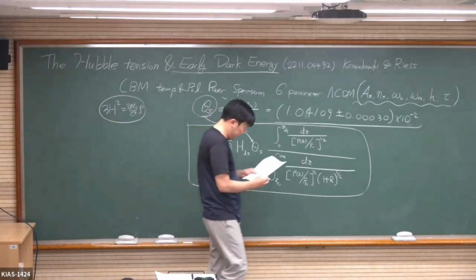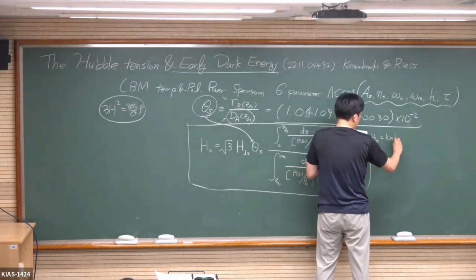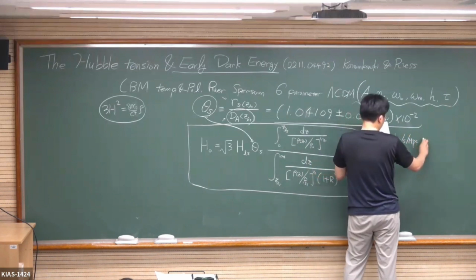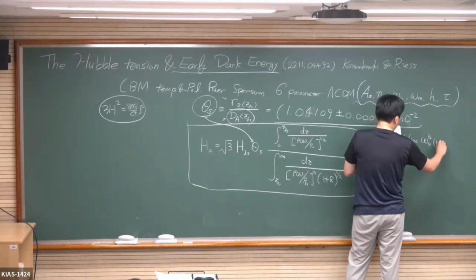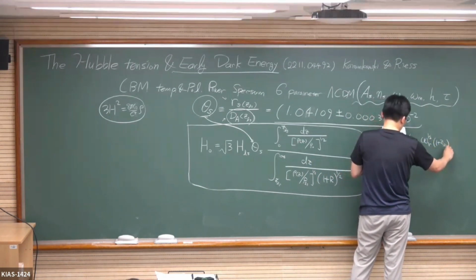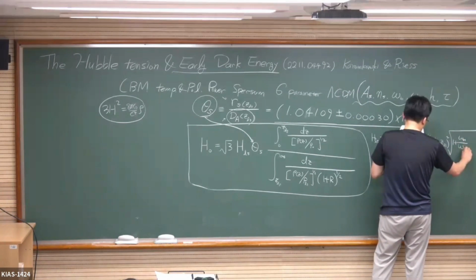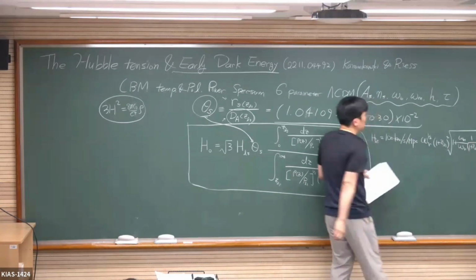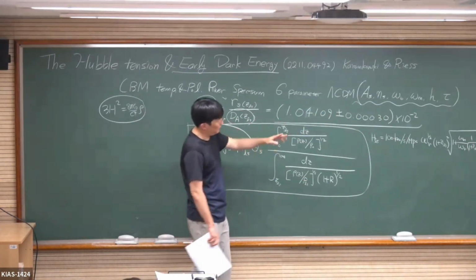So H_LS is 100 kilometers per second per megaparsec times square root of 1 plus z_LS squared and square root of 1 plus omega_m omega_r. Good. So H_LS has this expression.